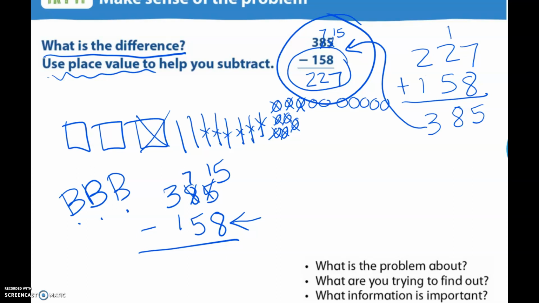So always check bigger bottom borrow and see if you need to do any of those steps. If you have a bigger bottom like you did on the first one, then you can subtract, and then you can check it with add, just like we did here. So try that bigger bottom borrow strategy and see if that helps you.